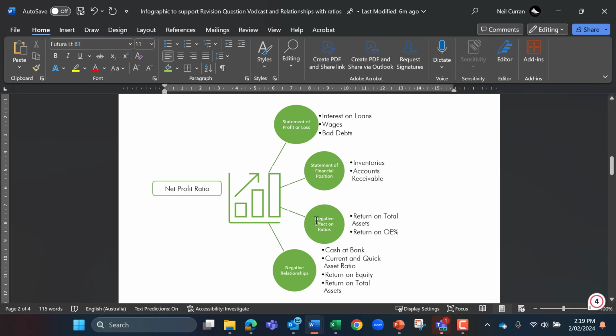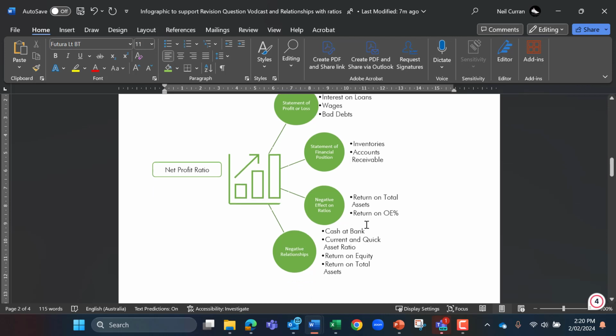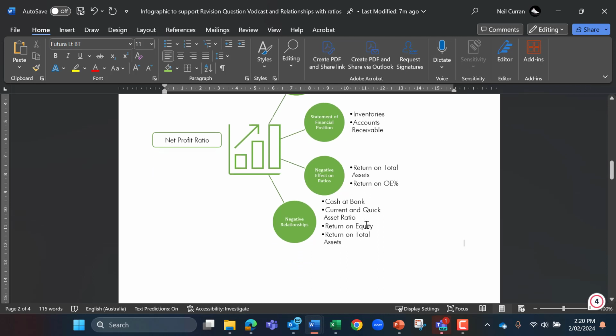Now, the net profit ratio, if it's decreasing, will have a negative effect on two ratios, that being return on total assets and also the return on owner's equity. So if this ratio is decreasing, more than likely these two are decreasing as well. Now, as part of your writing of your responses, you need to highlight key negative relationships.